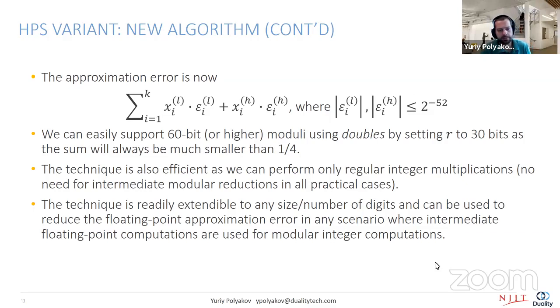And maybe a side note, just like some other RNS procedures proposed in the HPS work, this is a general trick. First of all, we can generalize it to any number of digits if needed for a given application, if our goal is to reduce a floating point approximation error.